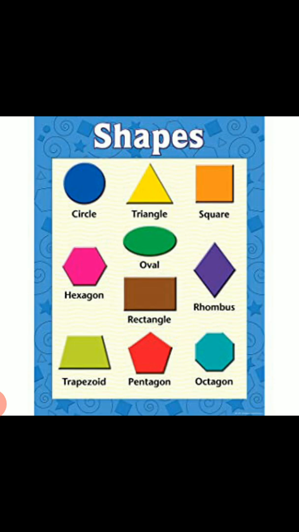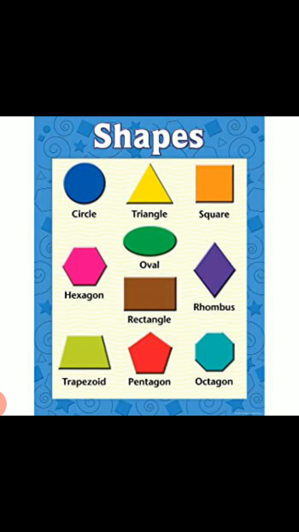Place all the cutouts on the floor and jump on any one which you like. While jumping, tell your parents about the summer season. If you like the summer season, then why? And if not, then tell the reason for your dislike.